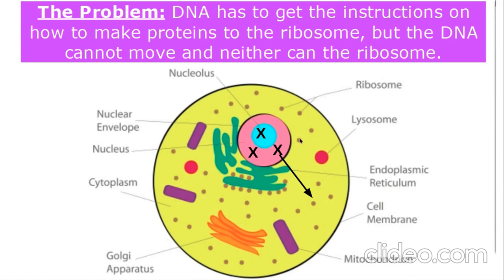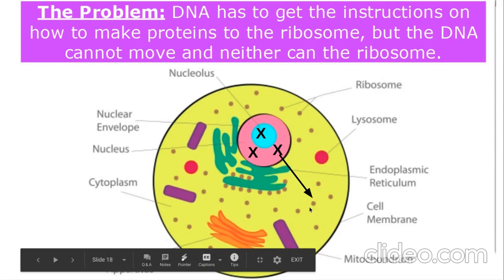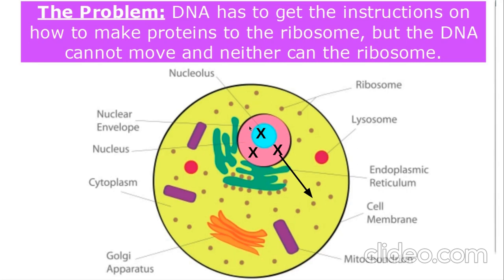Let's take a look. Our instructions, our DNA, is in the nucleus. We know that that's the instructions to make proteins. The problem is the proteins are going to be made in the ribosome. So we got to get the recipe, the instructions, to the ribosome. But this ribosome can't move. And the DNA can't move, and the nucleus can't move.